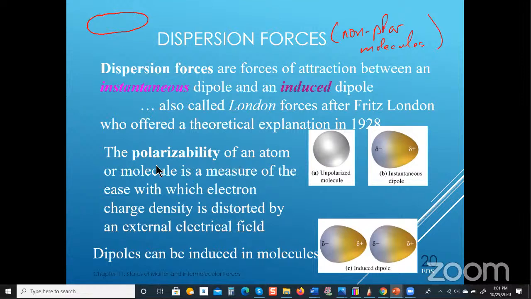That's a very long word for me to handle. But basically what this is suggesting is that the more polarizable the molecule is, the more easily an instantaneous dipole can be formed, and therefore the more easily dipoles are induced in adjacent molecules. And the ability of a molecule to be polarized depends on other factors, including the size of the atom or the size of the molecule. So the larger the molecule, the more easily it is polarized.